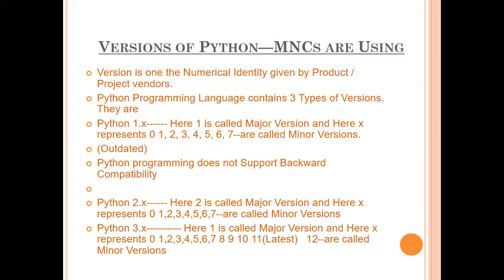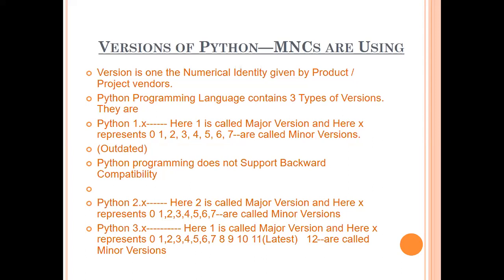Python programming language contains 3 types of versions. The first one is 1.x, where 1 is the major version and x represents the minor version. So we can have 1.0, 1.1, 1.2, 1.3, 1.4, 1.5, 6, 7, till x.